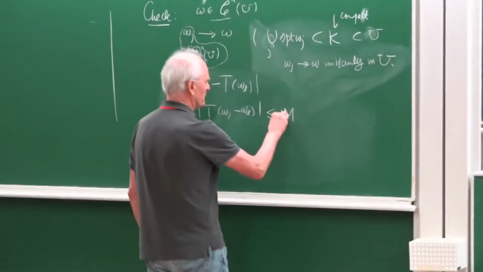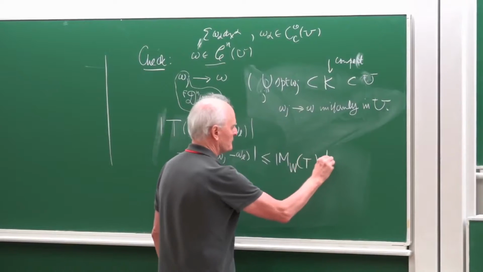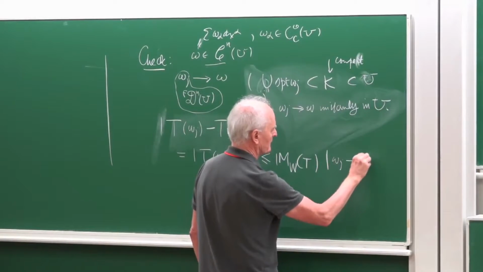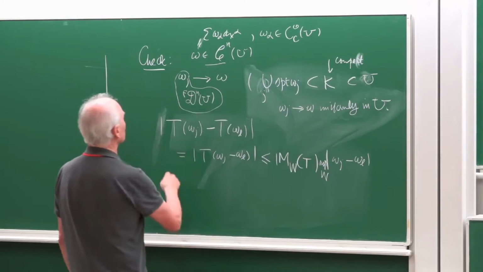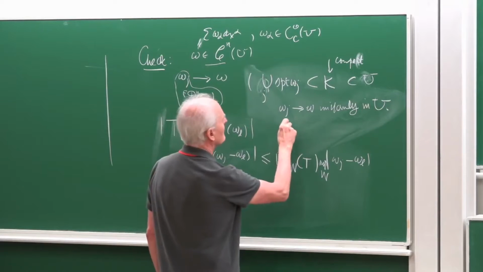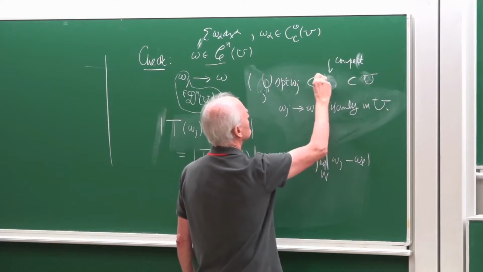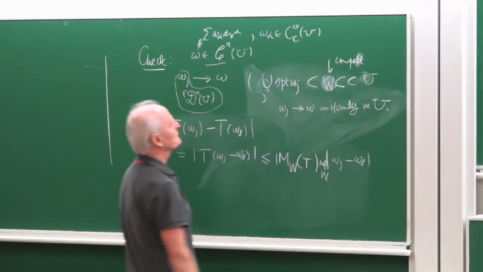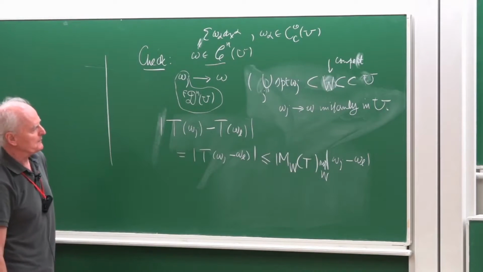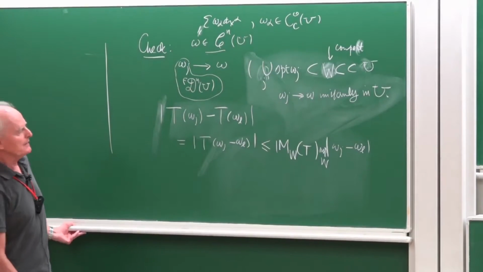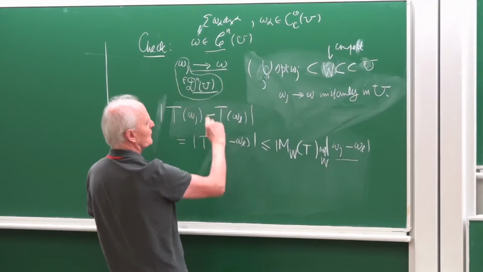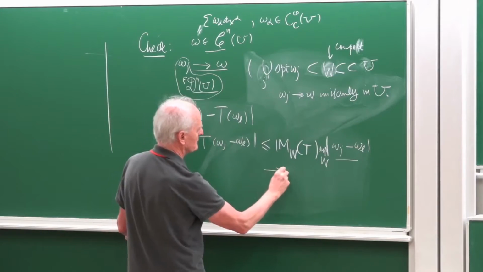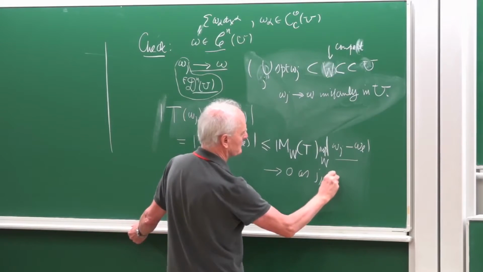So this is less than or equal to M_W(T) times the sup over W of the modulus of omega_j minus omega_L, as long as all these supports are contained in W. And that's a correct inequality. This side tends to 0, because we're assuming these are converging in the sup norm, which is the relevant norm, so it tends to 0 as j, L tend to infinity.